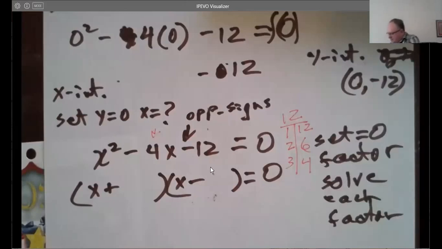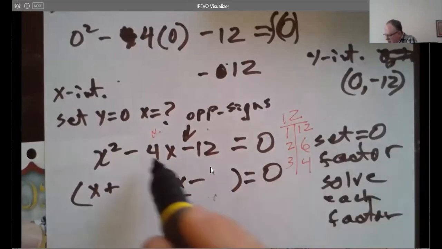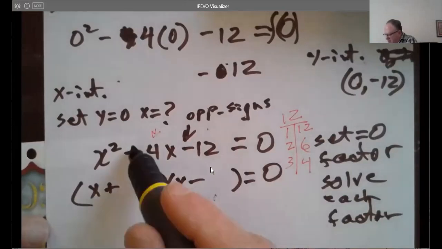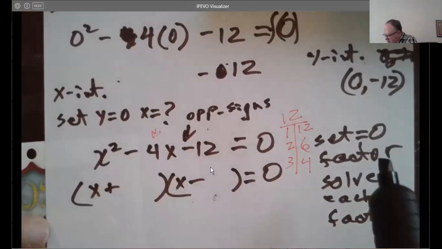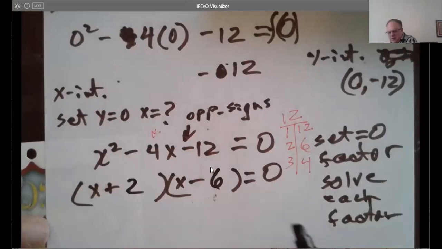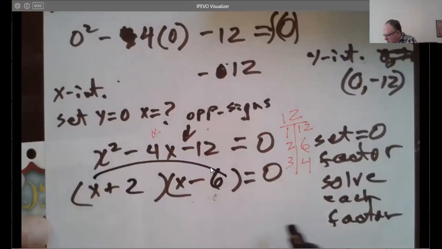Okay, so 2 and 6 will give you 4, right? So those are the two factors that you're going to put in here and here. But the larger one has to be the negative, because when you go to FOIL it, you have to come up with a negative. So if you put 6 for the negative and 2 for the positive, check the two outer terms: x times negative 6 is negative 6x, and 2 times x is plus 2x.